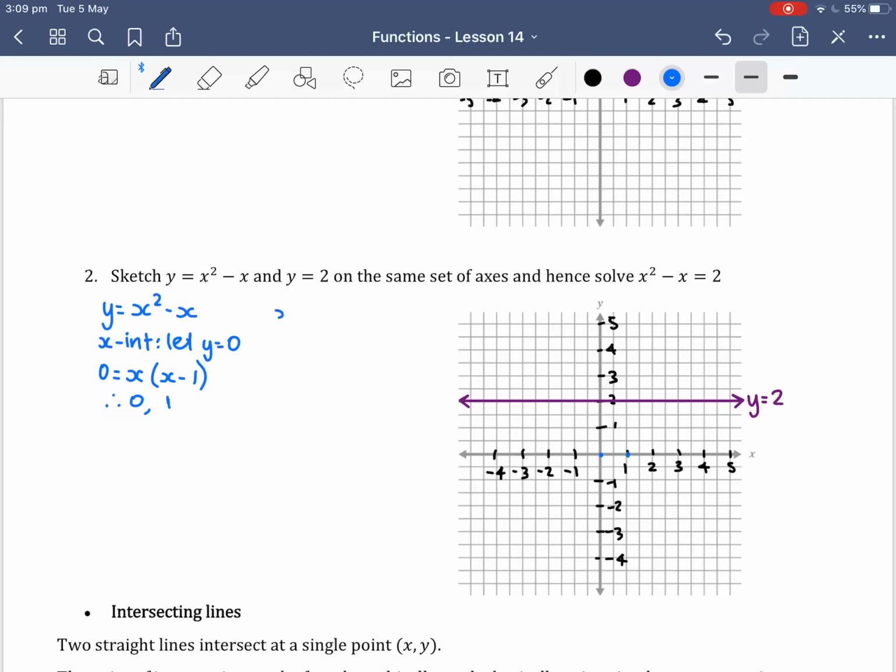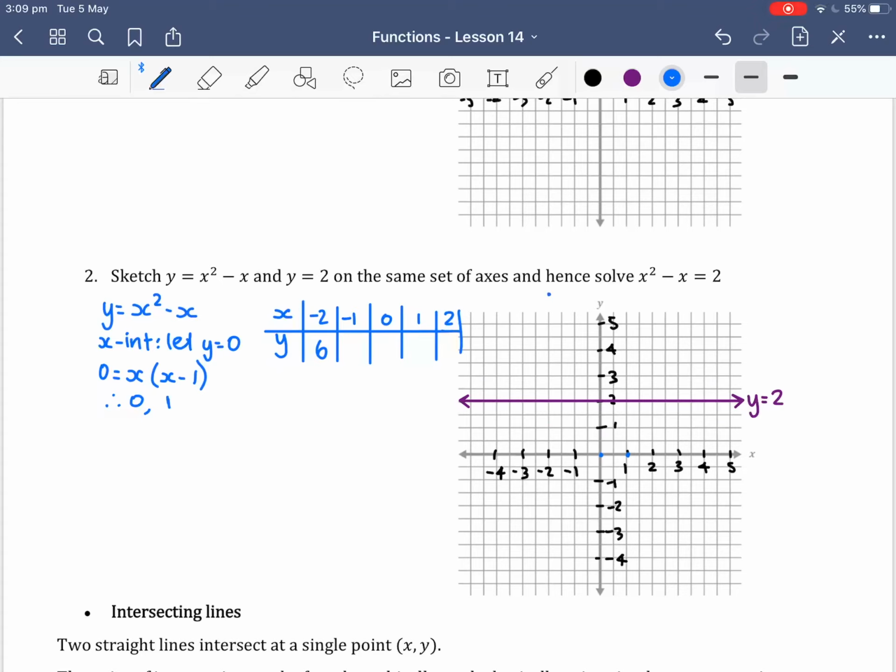I'm then just going to find some values. So I'm going to draw up a quick table of values for this. Doesn't have to be perfect. So it's going to do minus 2, minus 1, 0, 1, and I'll add 2 in there as well. Okay, so minus 2 squared minus minus 2 is 6.